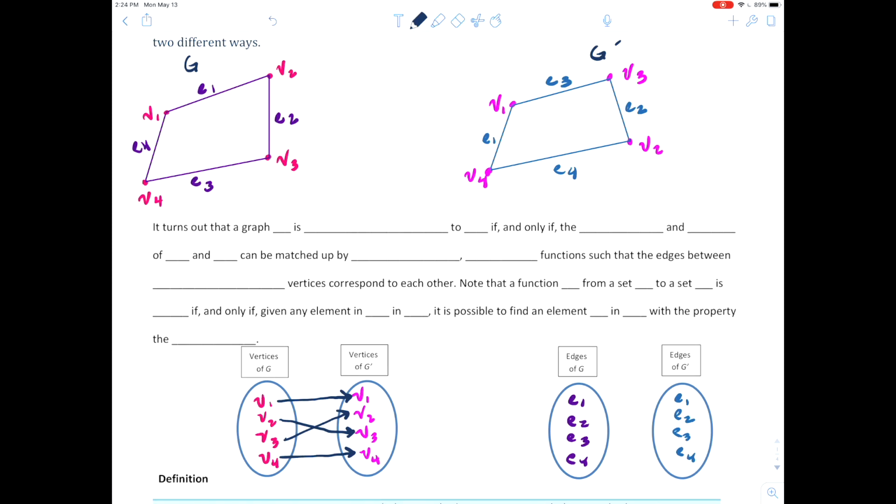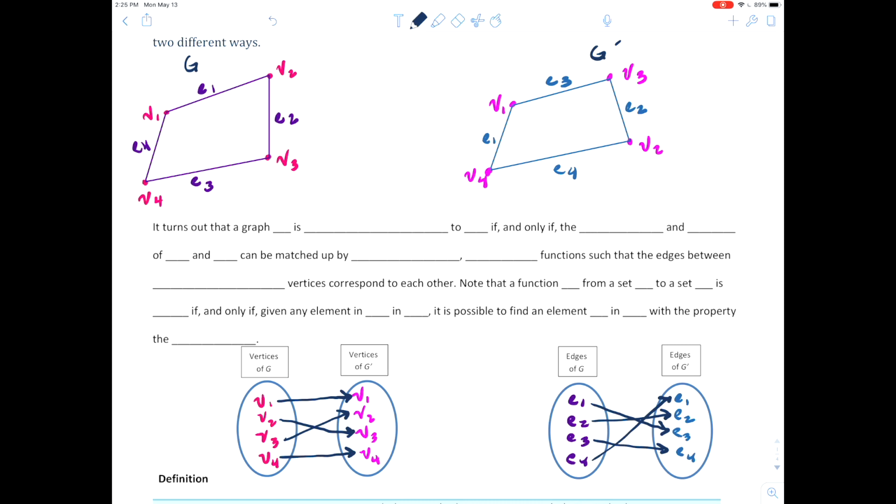Now, let's take a look at how the edges would then correspond. Well, edge 1 in G would correspond to edge 3 in G prime. Edge 2 in G would correspond to edge 2 in G prime. And then edge 3 in G would correspond to edge 4 in G prime. And edge 4 in G would correspond to edge 1 in G prime.